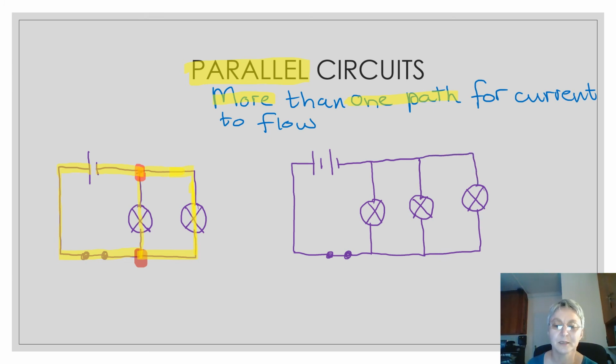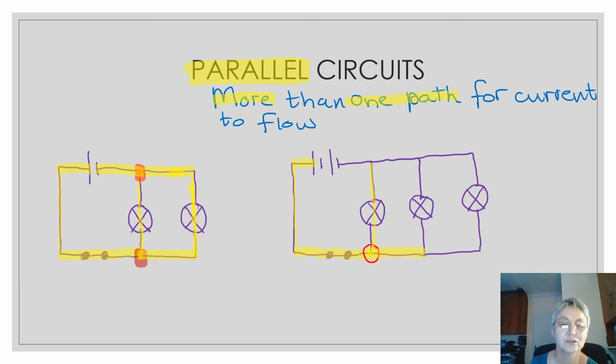So what's happening here? The current will come from the battery. It flows along the wires, and when it gets to this point, it can choose, and it will choose. Some of the current will flow through that lamp, and some other current will flow through the wire.